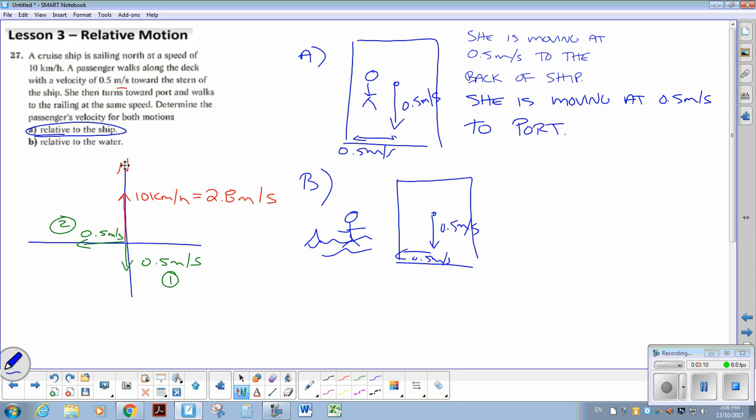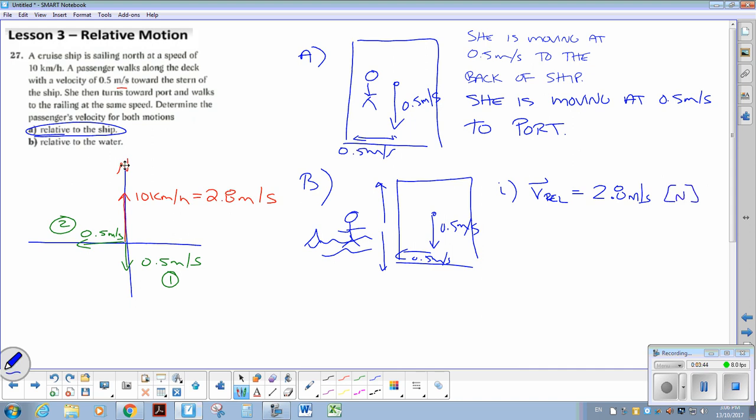Now, if I'm in the water, watching the boat go by, what do I see? I see the boat heading that direction, so let's call it north, since that's what it said. And she's moving south. So for the first part, relative velocity would be, we see 2.8 meters per second, so that's my boat. It's heading north.